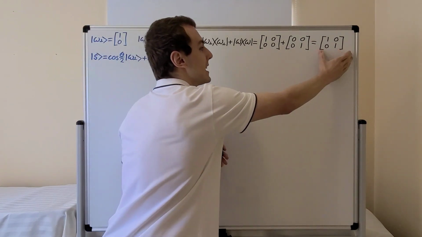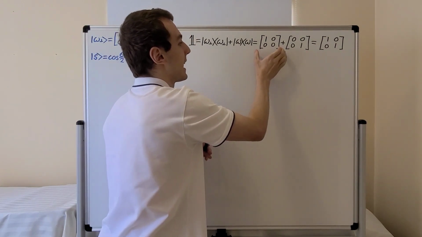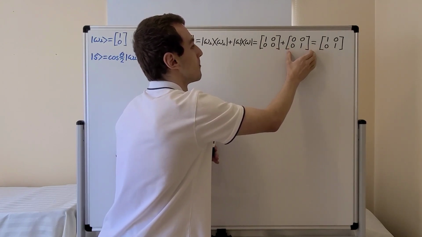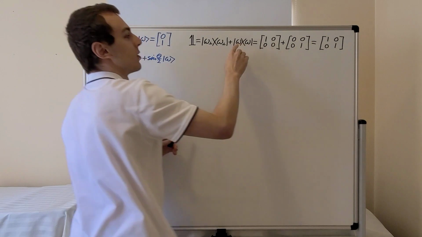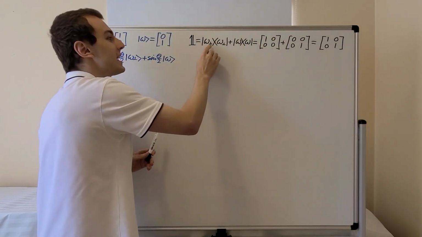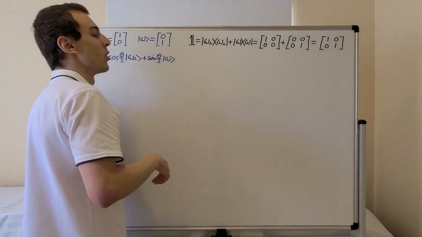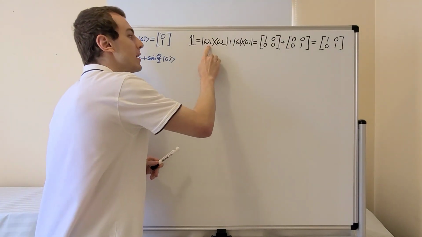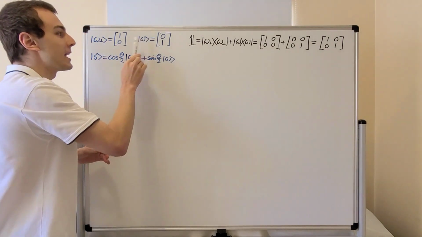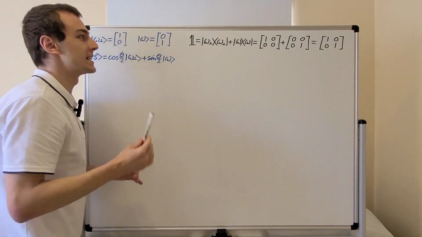And you can break that identity matrix up into a horizontal projector and a vertical projector. So this projects onto omega perpendicular, and this projects onto the vector that's perpendicular to it, omega. Or in other words, instead of saying perpendicular, we could say orthogonal. That means that the inner product of omega and omega perpendicular is 0.